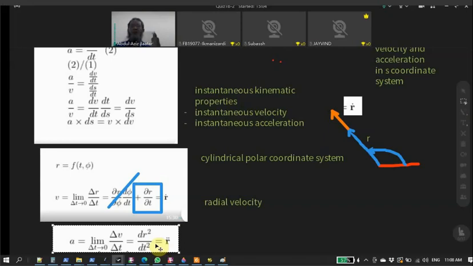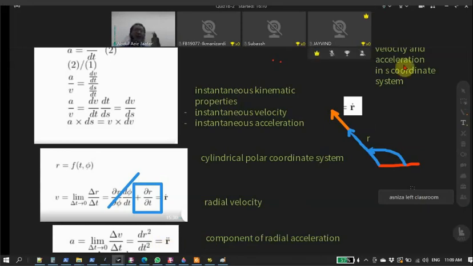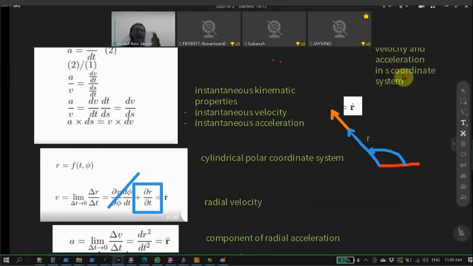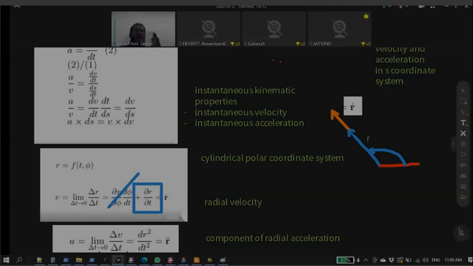So we're going to show the physical meaning of this thing in the exercise, right? So we have a component of radial acceleration. Now we're going to look at an example when this value will be 0, right?